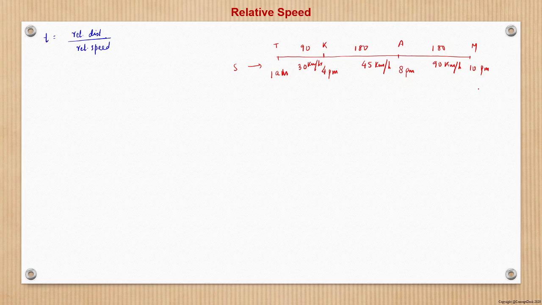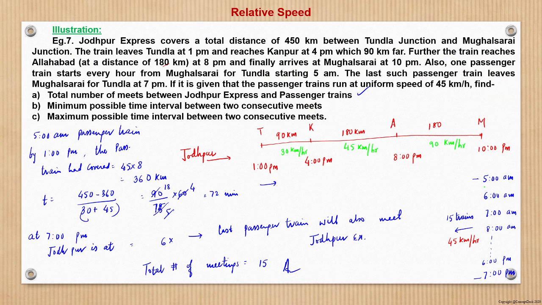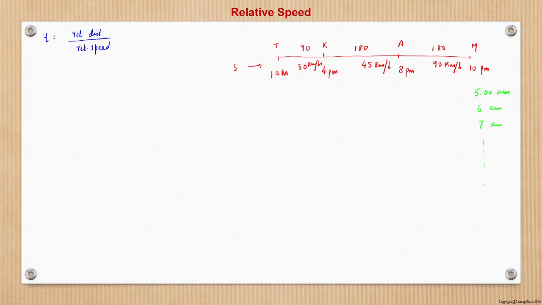And then there are certain trains which start from here at 5 a.m., 6 a.m., 7 a.m., till I think 6 p.m. and 7 p.m. So in total, 15 trains running at 45 kilometers per hour, at their respective times.